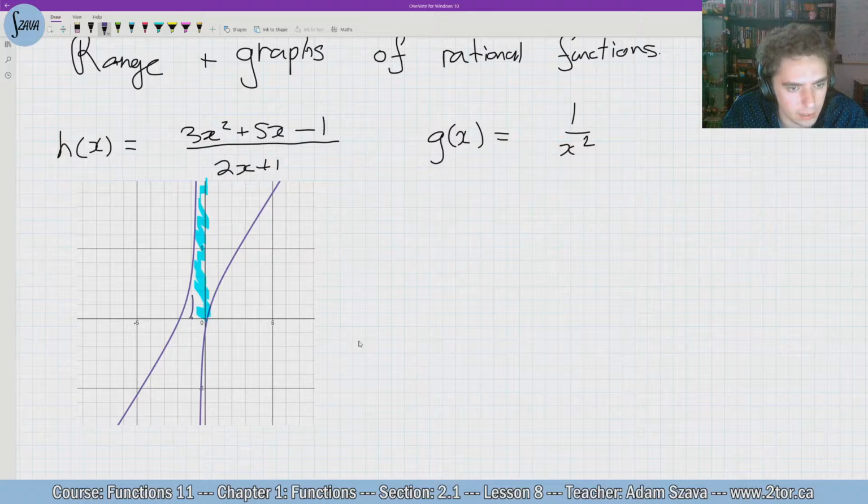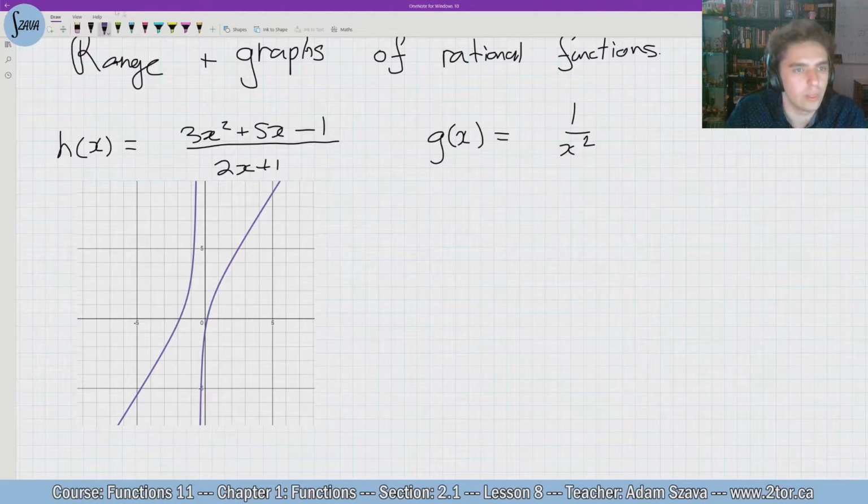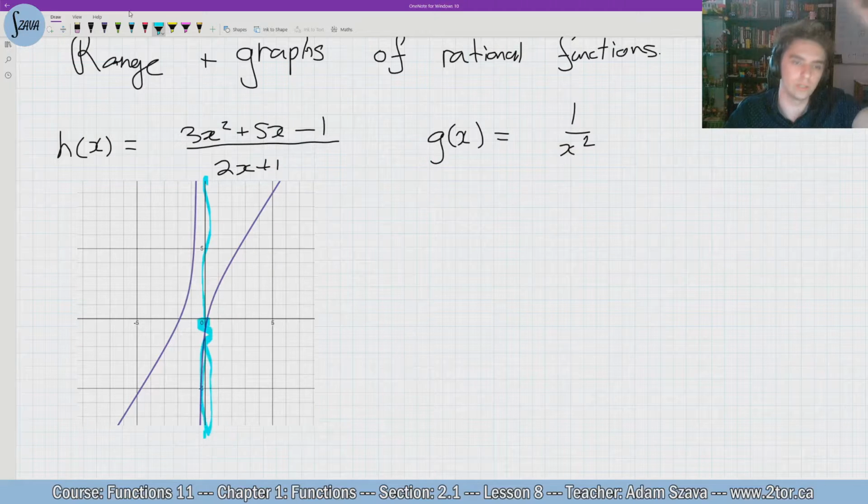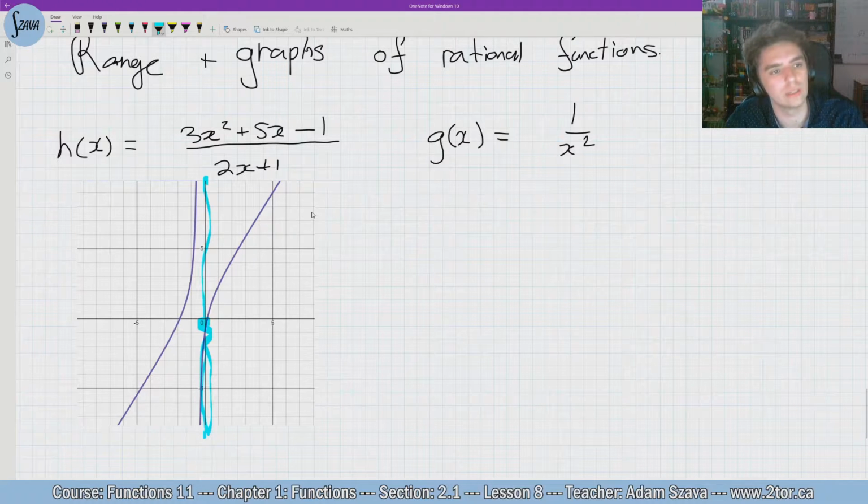Maybe like this output right here: we get it from whatever x value that is, and we also get it from whatever x value that is. We get that height there. So this section going up to infinity is in the range, and this section's also in the range. So our range is all real numbers. The graph kind of paints the whole y-axis.